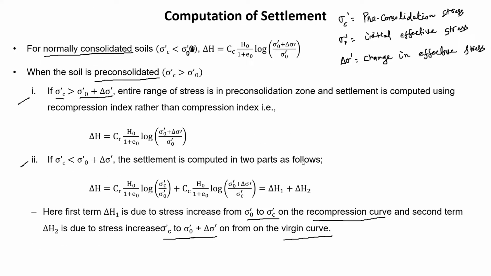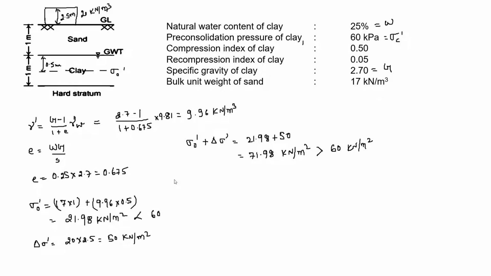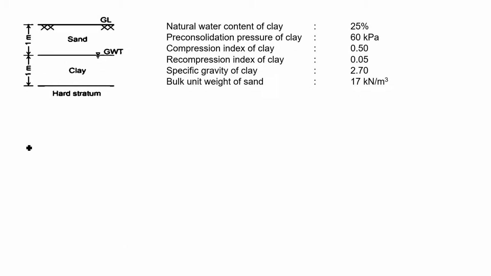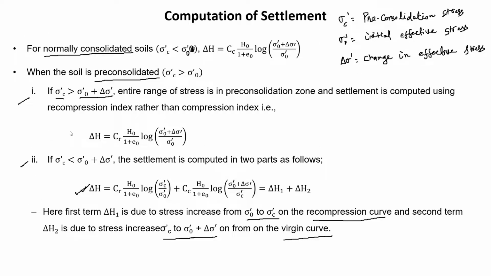So we can see here condition 2 is satisfied, that is, sigma naught dash plus del sigma dash is greater than sigma c dash. So we need to use the formula del h equal to del h1 plus del h2, since we need to compute the settlement in two parts, del h1 and del h2.